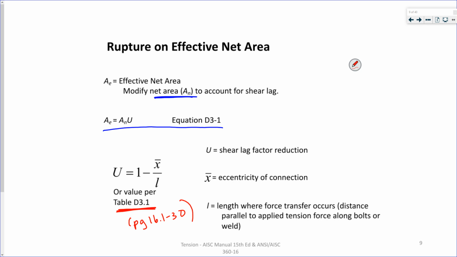Eccentricity. So a shear lag factor is basically reliant on the eccentricity of the connection. Eccentricity is your distance, how far you are from the centroid, right?